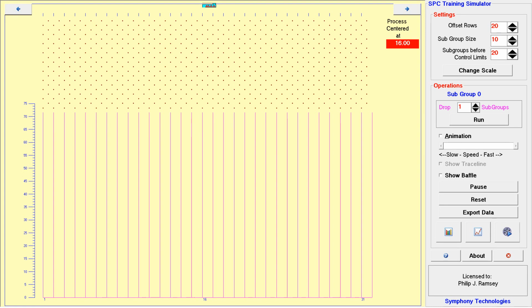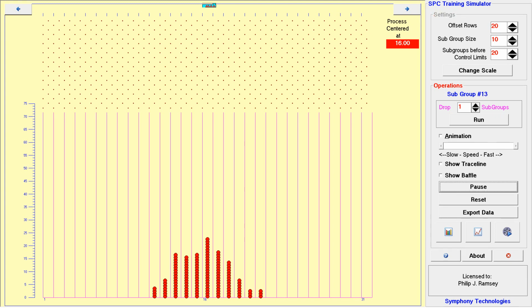If we take enough observations, in this case we're observing the positions of the beads that go through the pins, we see that a distribution shows up. What is a distribution? It's just a collective pattern of variation over lots of observations.